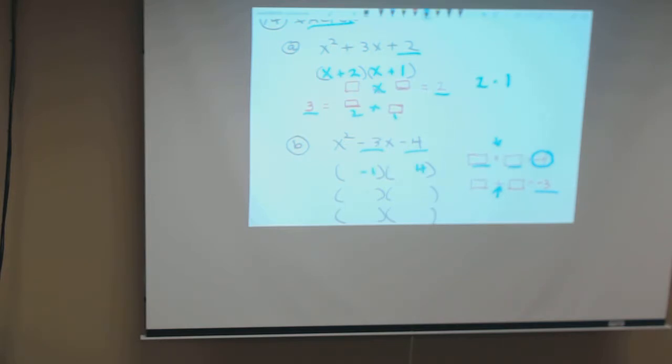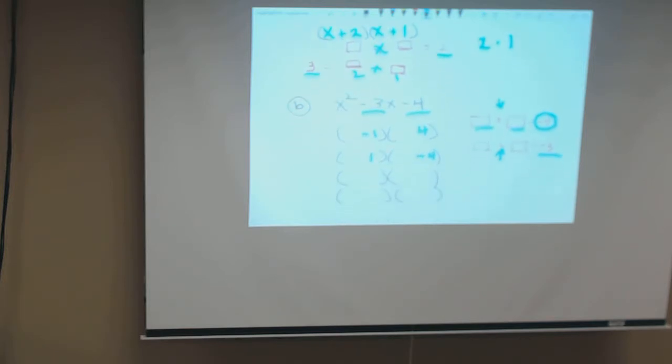I could have 1 and -4. I could have 2 and -2. Or I could have -2 and 2. I guess that comes out to be the same, doesn't it? So which one of these pairs added will give me -3 in the middle? Looks like this one, right?